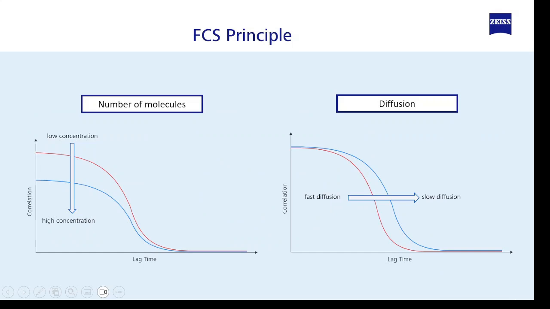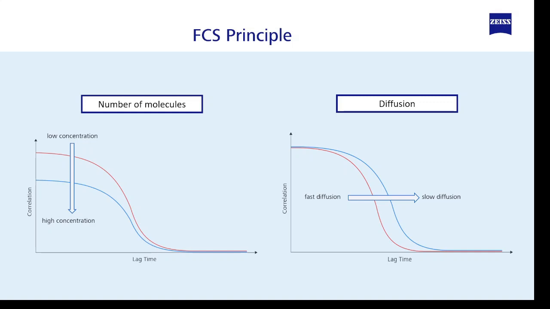For example, we can get the number of molecules from the amplitude of the correlation curve. If we have a higher concentration, the amplitude of the correlation curve is lower.